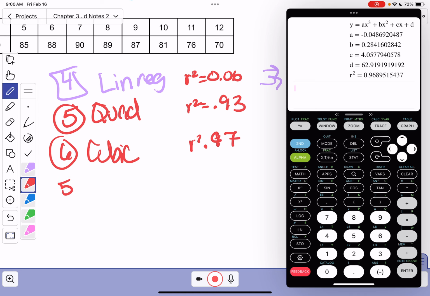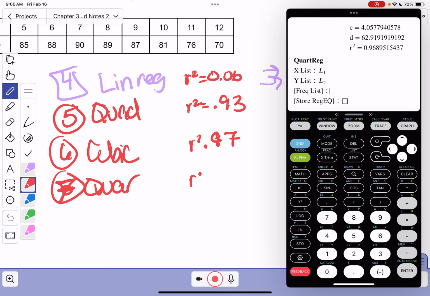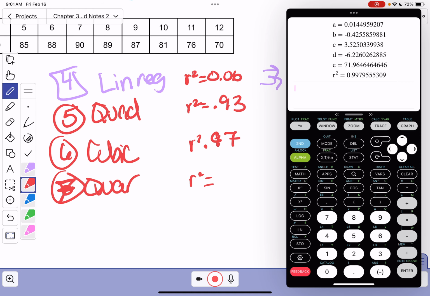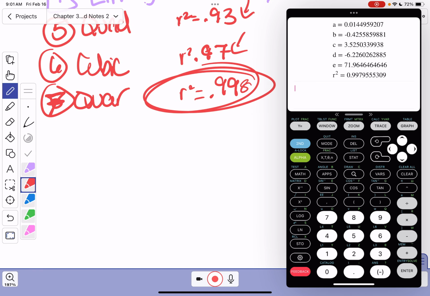If I do it again with 7 for the quartic, I get an R squared of 0.998. So that's going to be the highest one. So that's what we're going to use. We want the highest percentage explained. So 0.998 is bigger than all the others. So we know it's quartic.